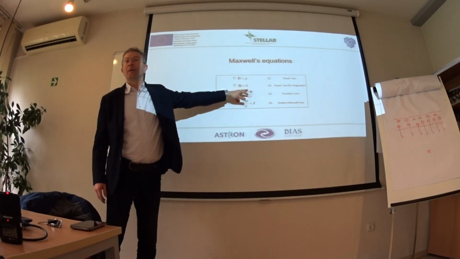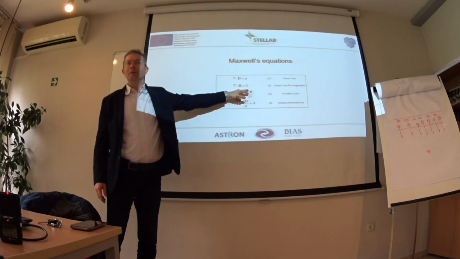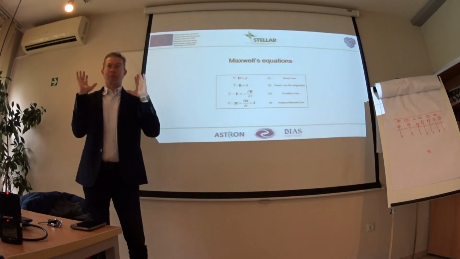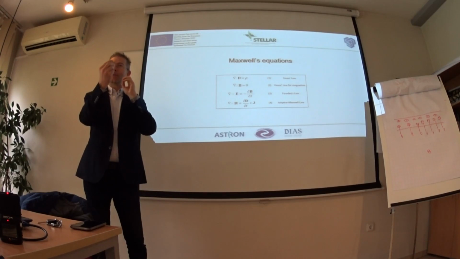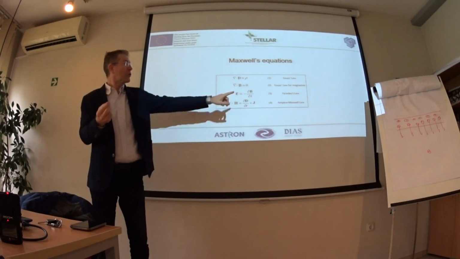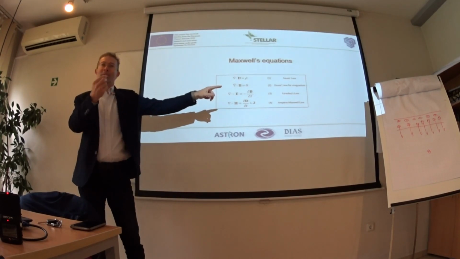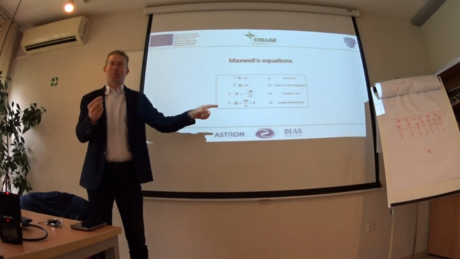This equals 0 means there is no point source of magnetic field by default. But if we find somewhere in the universe a magnetic charge, this can change to the density of the magnetic charge. The problem is we haven't found one so far.